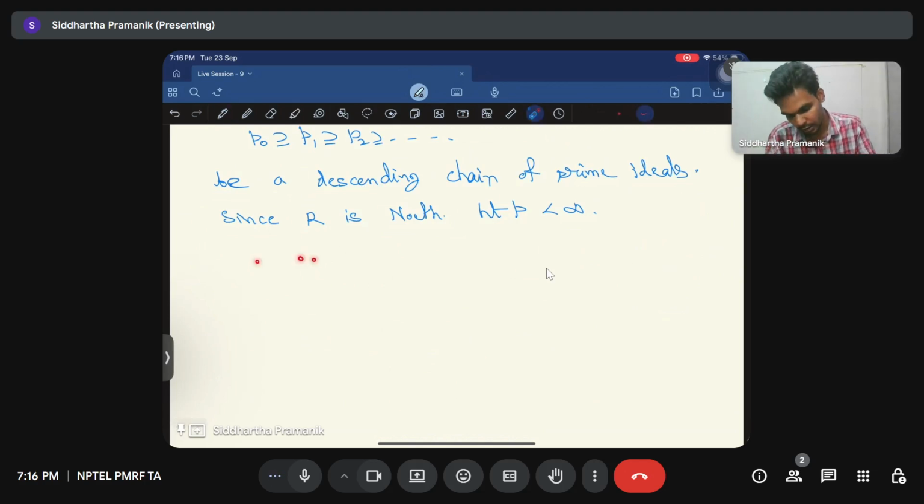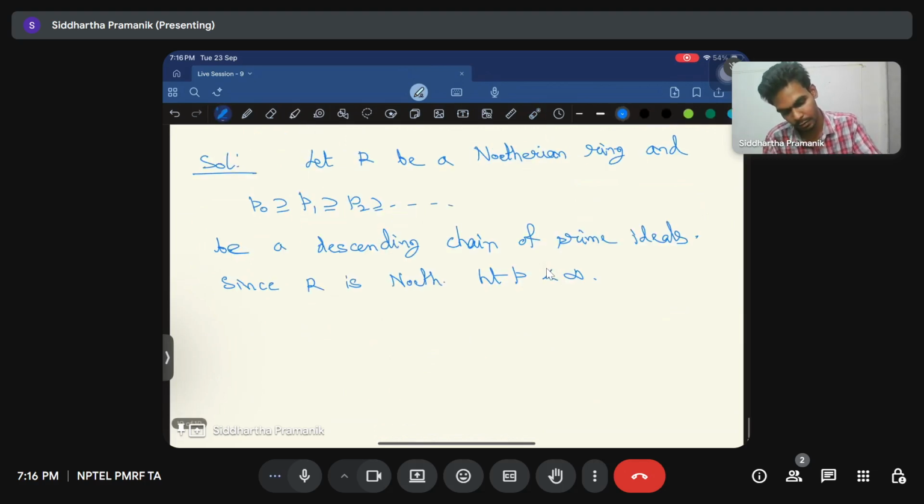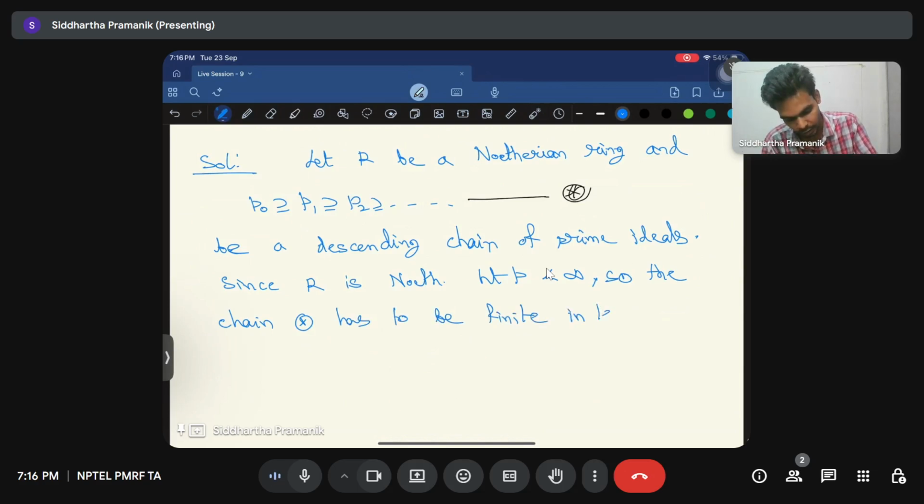So if we have a chain of prime ideals which ends at P, that has to be finite in length. So the chain star has to be finite in length.